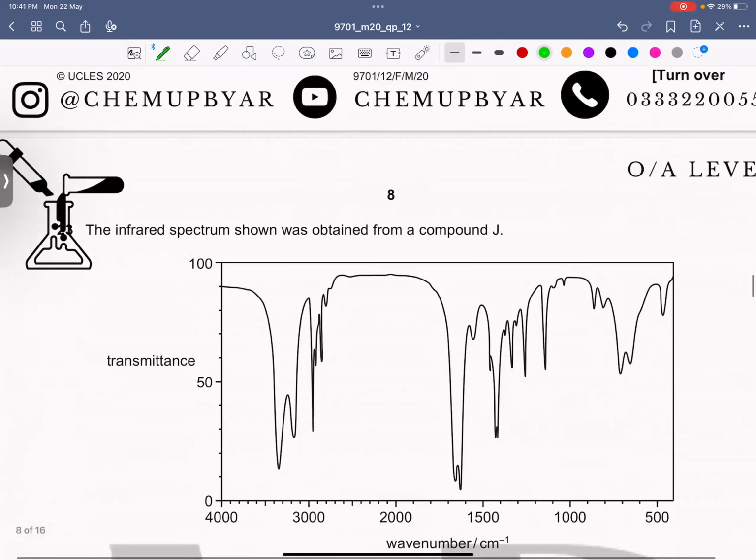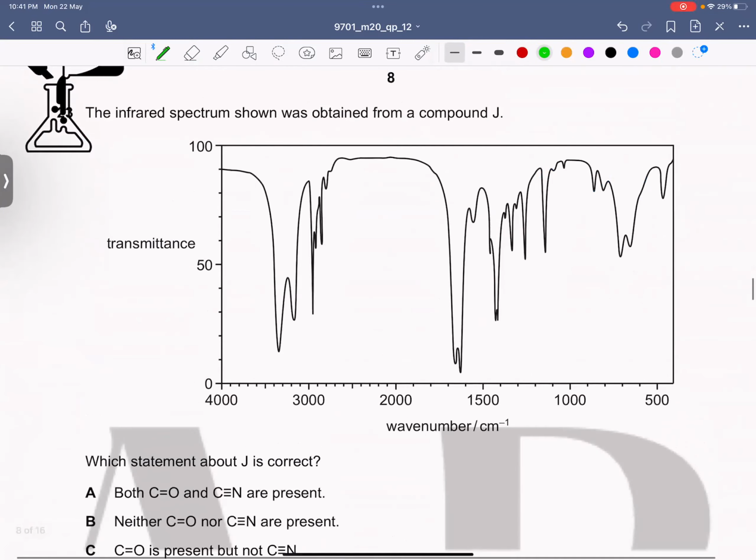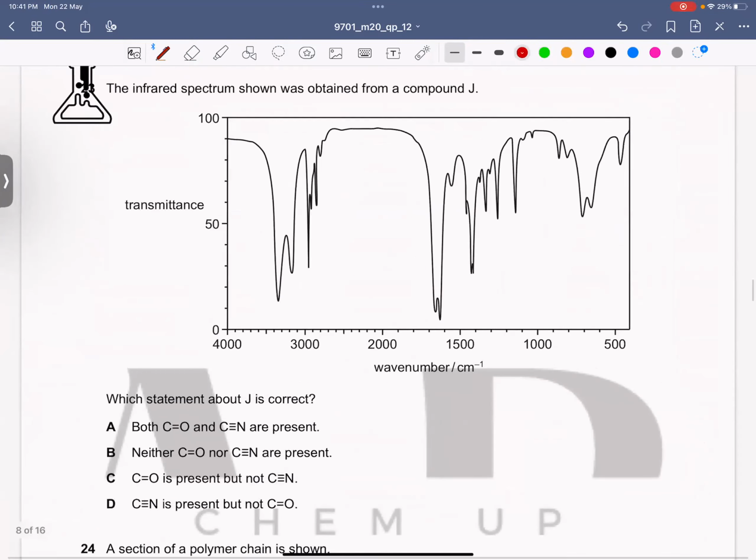Now question number 23. Okay, it's from infrared. The infrared spectrum shown was obtained from a compound J. What I can clearly indicate from this is that there is no OH or COOH, right? Because we would have a very observable peak for these two.